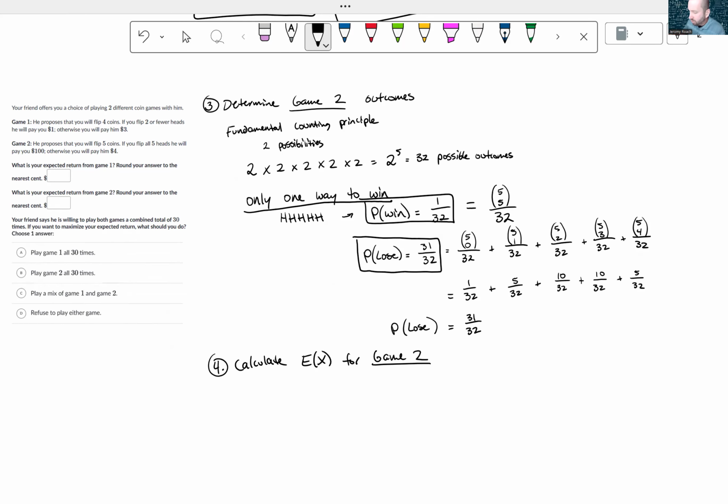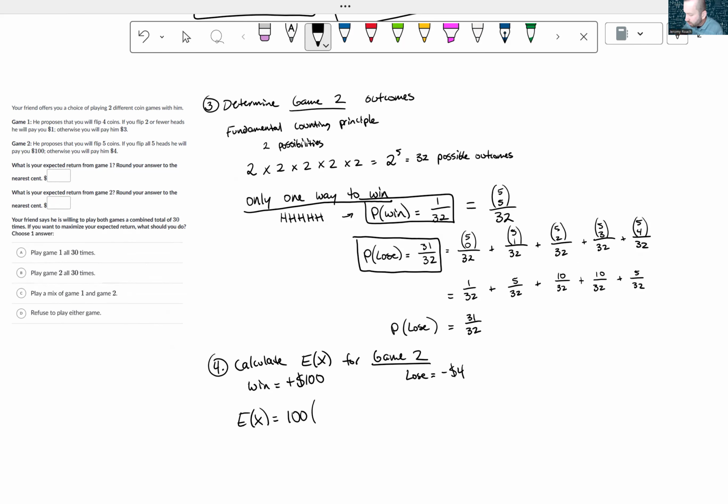Okay, so if we win, we get $100 for winning. And if we lose, we lose $4. Okay, so our expected value for game number 2 is equal to $100 winning.